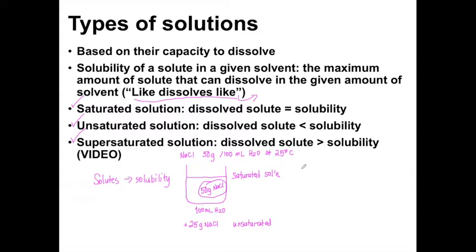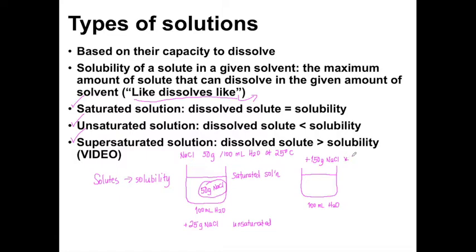Okay, now let's consider a different scenario. 100 ml of water, and then let's say I put here 150 grams of sodium chloride. What do you think will happen?